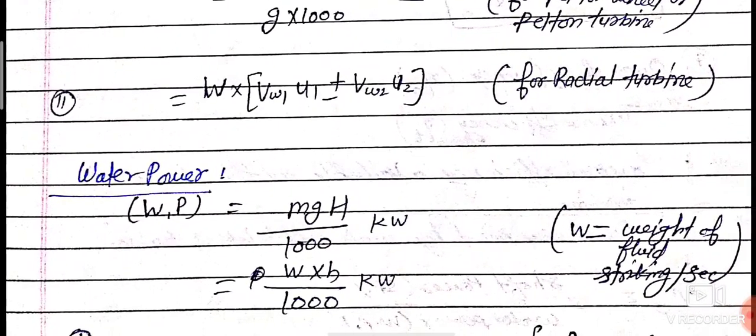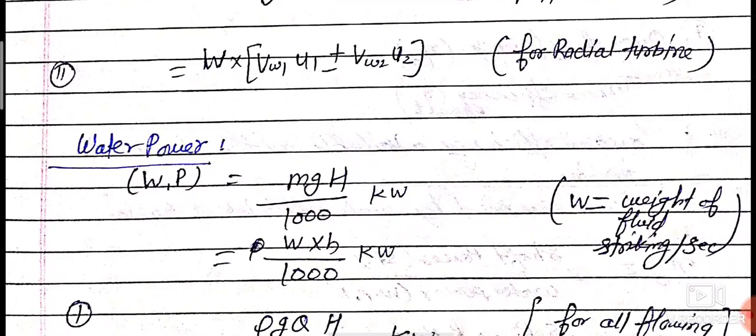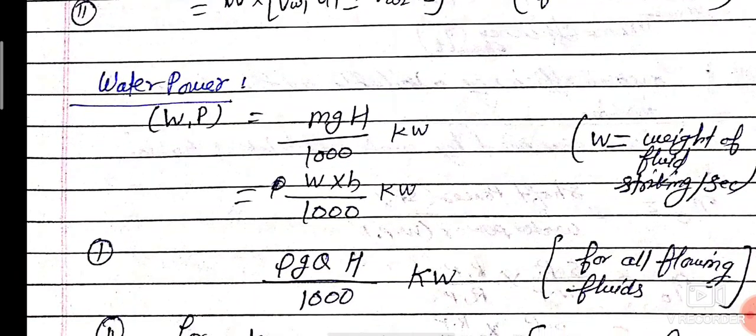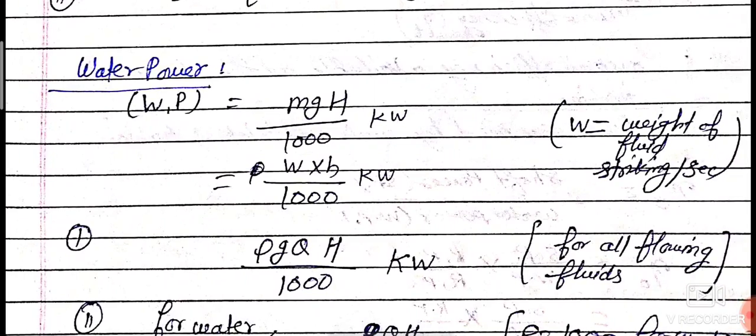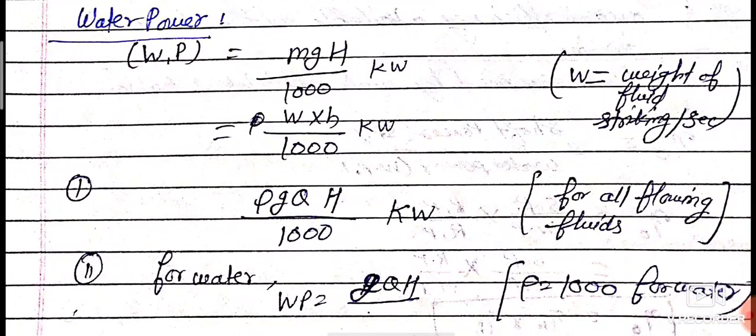Water power. Water power is equal to mgh upon 1000 kilowatt, or it can be written as W into H upon 1000 kilowatt. W is equal to the weight of fluid striking per second. Next, it can be written as rho g Q into H upon 1000 kilowatt for all flowing fluids.